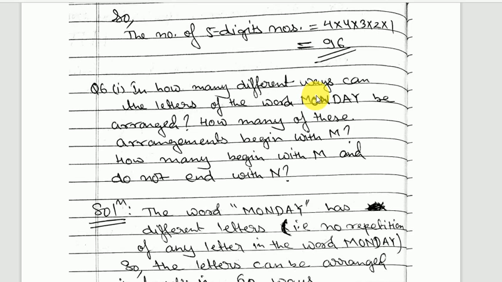Next it says, how many of these arrangements begin with M? They are asking how many arrangements you can do where M will be at the beginning. And next they are asking how many arrangements you can do where it begins with M but does not end with N.